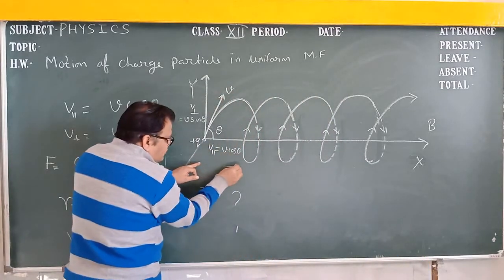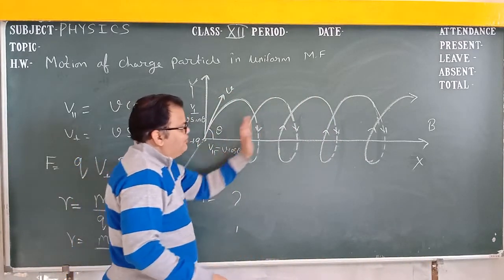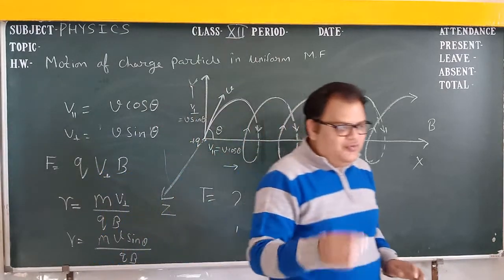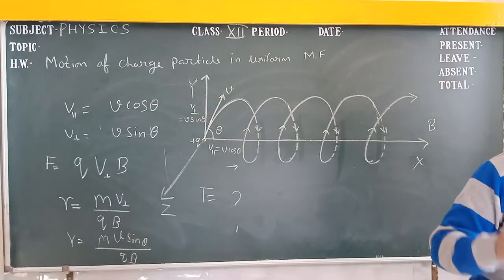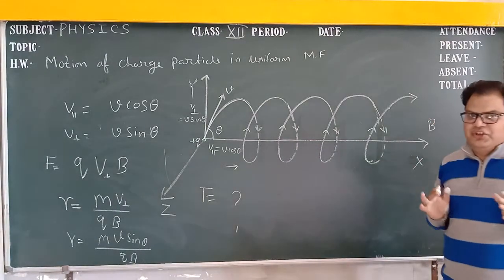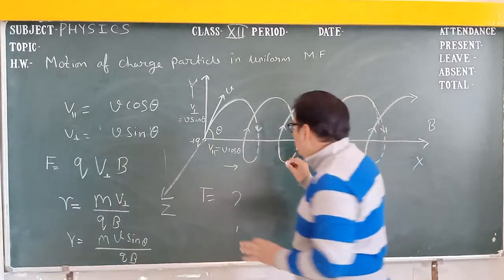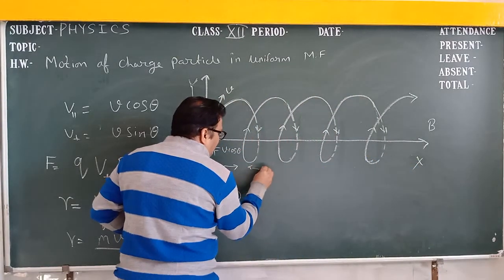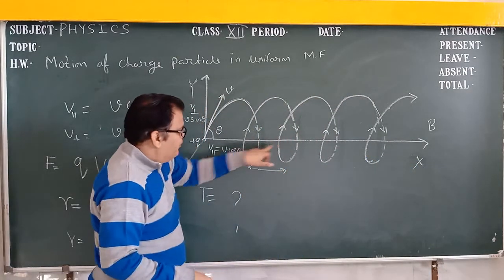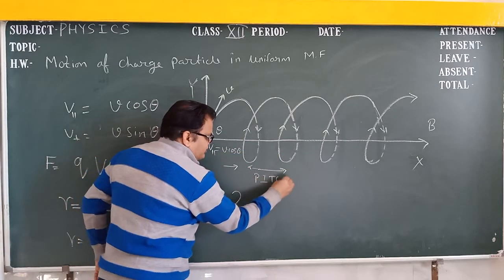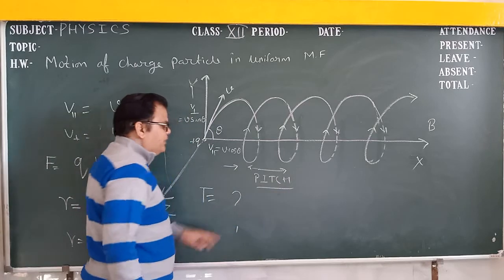The V cos theta pushes the charged particle in this direction. The distance between two circular loops is known as the pitch, P-I-T-C-H. Okay student, that is the pitch.